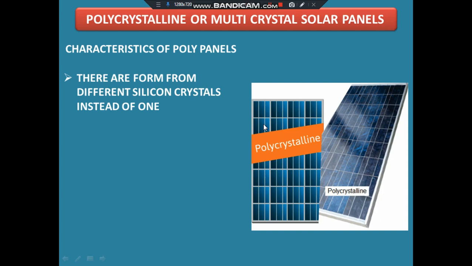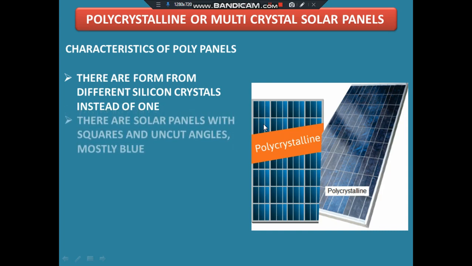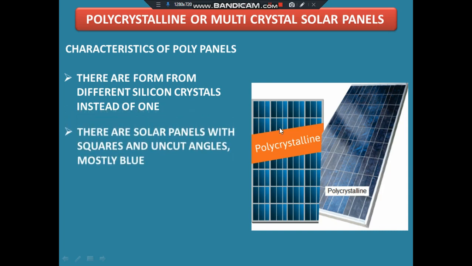Here, the polycrystalline solar panel is made up of multi-crystal structures. There are solar panels with squares and uncut angles, mostly blue.